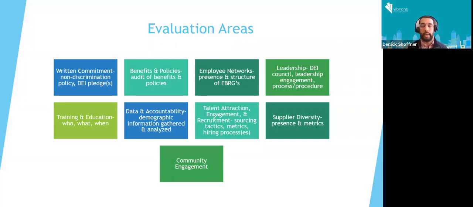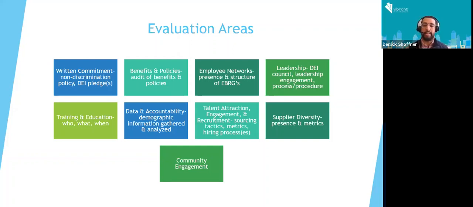Employee networks measures the presence of just that internally. Of employee business resource groups. Do you provide them? What's the structure of them? So on and so forth, but then also takes it a step further as to the provision of such in an external sense. Is your organization encouraging external participation in business resource groups, or going to conferences and conference attendance, and the makeup of things of that nature?